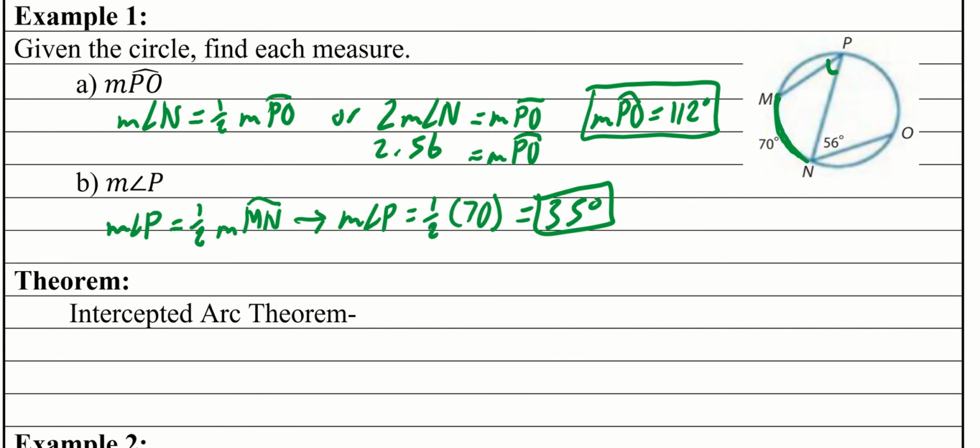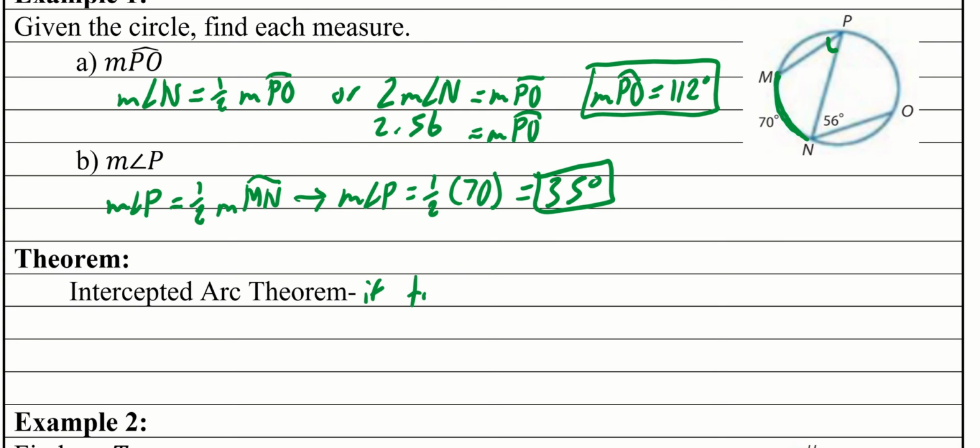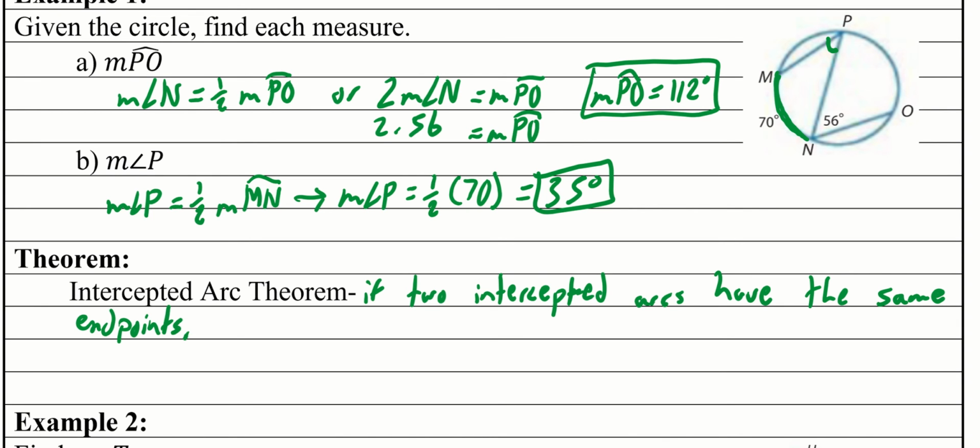The intersected arc theorem says this: if two intercepted arcs have the same endpoints, then their inscribed angles are congruent.